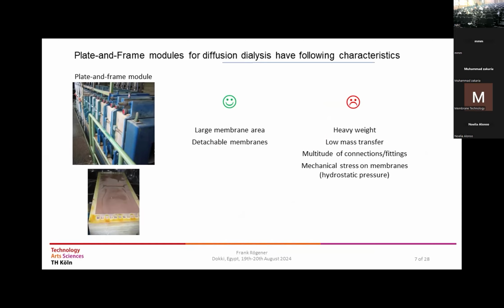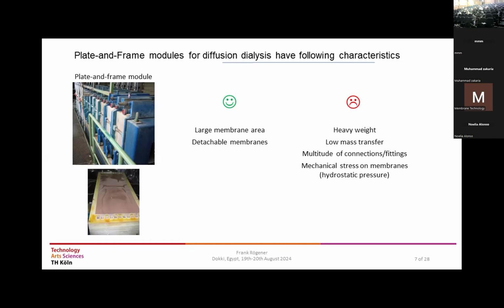So it's a relatively large area, and in the lower photo you can see the structure of the respective spaces. And so it's relatively easy to exchange membranes. With the other concepts that were shown, this is not possible, so you have to get rid of the whole module when it's fouled or when the membranes are damaged.